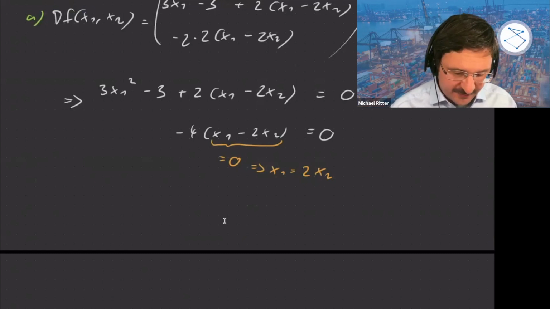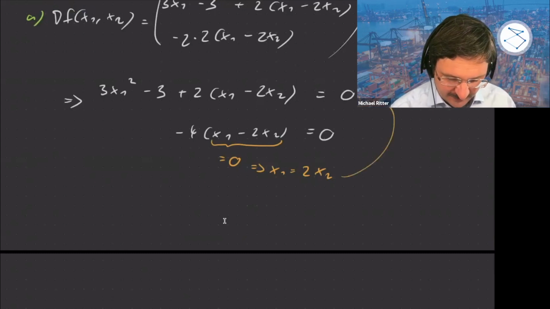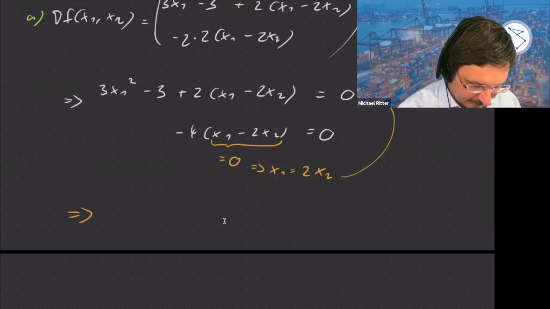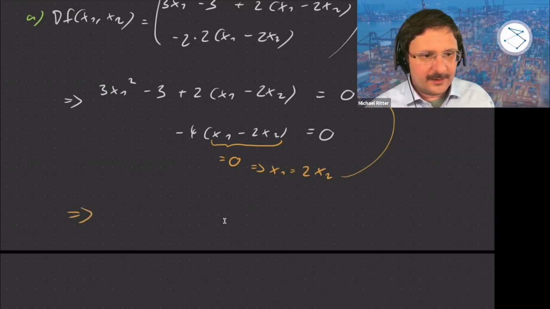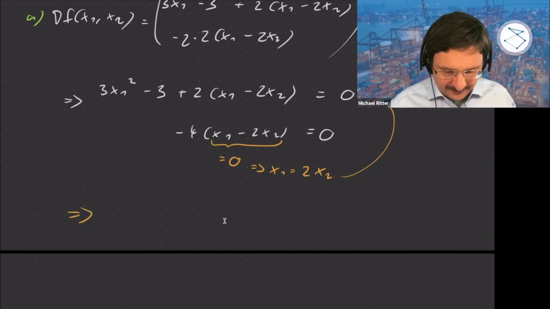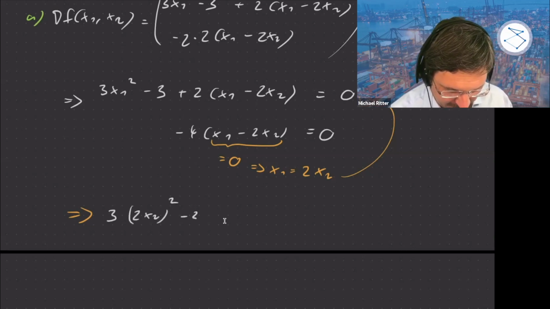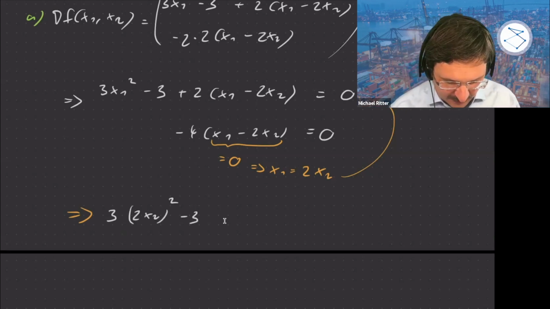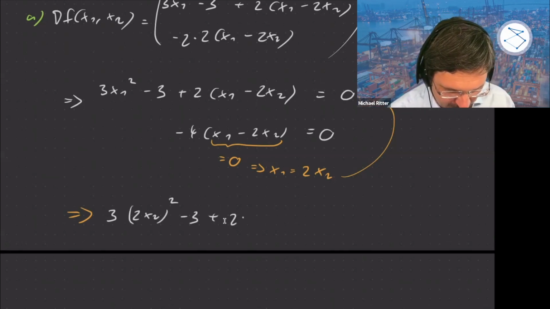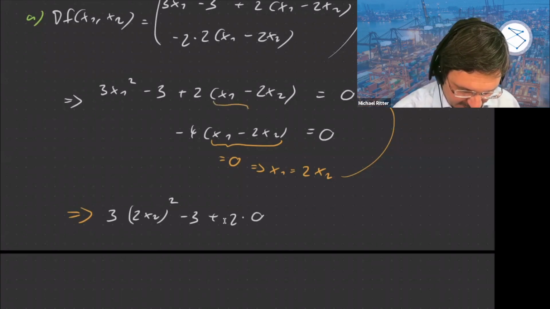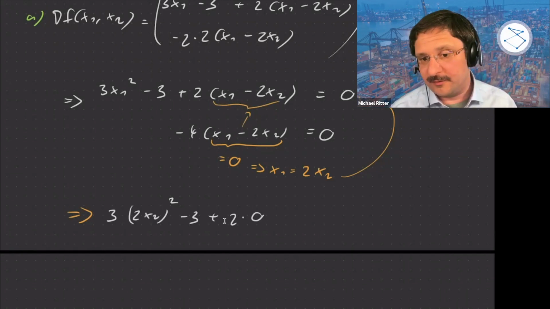Now, if we substitute that into the first equation in here, then what we get is, let's see, 3 times 2x2 squared minus 3 plus 2 times 0, right? Remember that this here is 0. Same expression is down here.